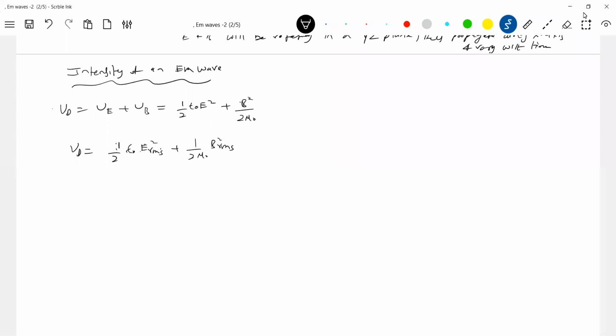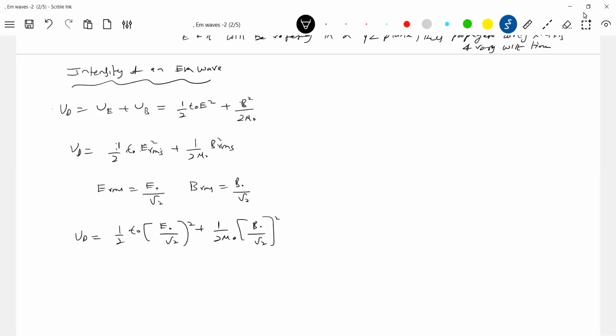What is E RMS? E naught by root 2. What is B RMS? B naught by root 2. Substituting that, the energy density will be half epsilon naught times E naught by root 2 whole square, which is epsilon naught E naught square by 4.